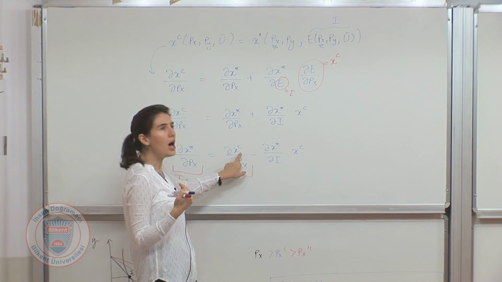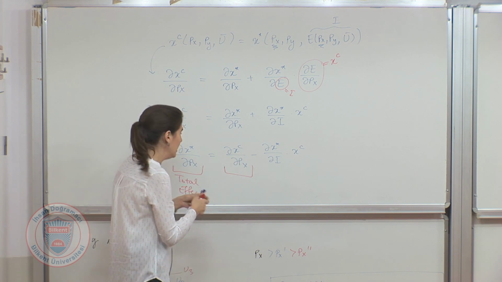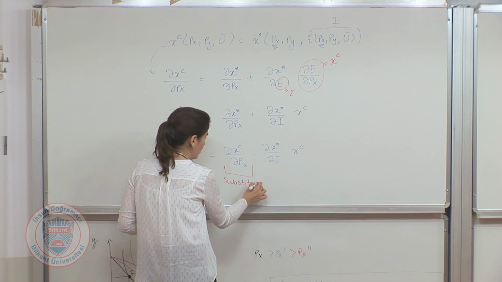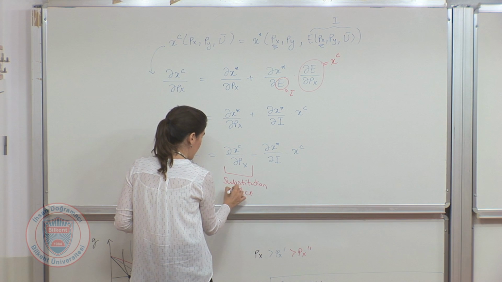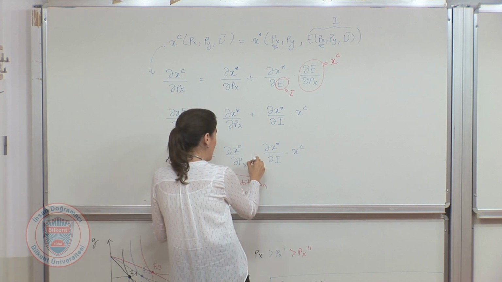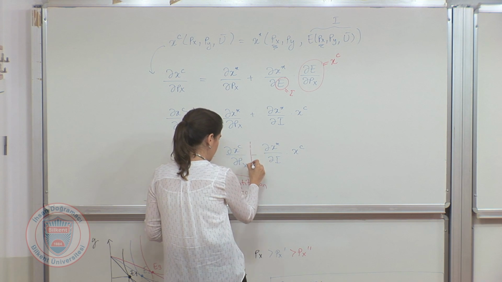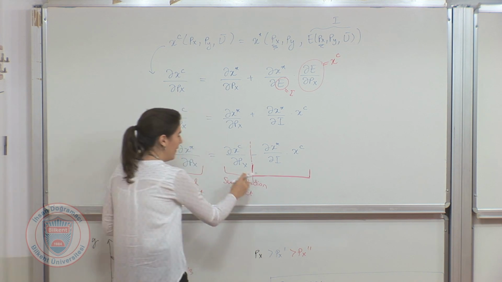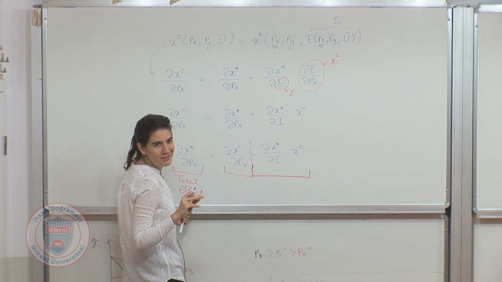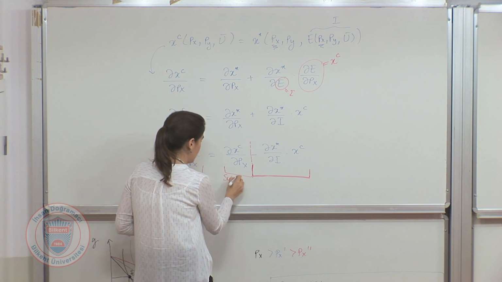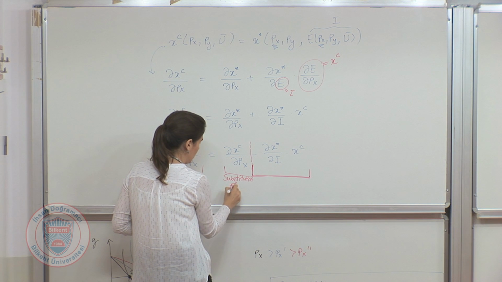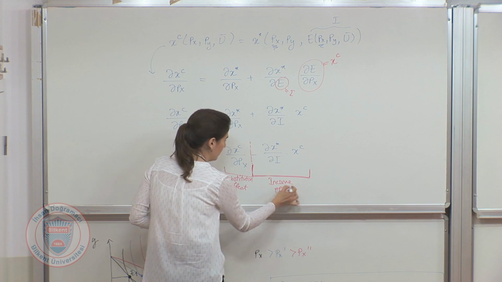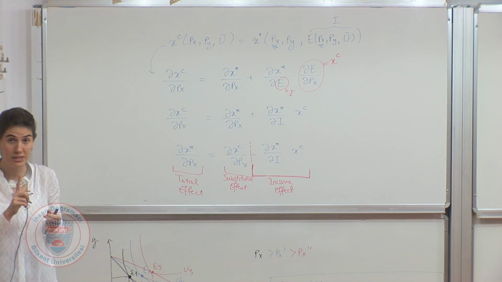And then I look at how much he's going to decrease his consumption. That's why this guy is going to give us the substitution effect, okay? And this guy, don't forget the minus sign here, because you always get confused with that. This part here is the income effect, right? So this is substitution effect, and this is going to be income effect, okay? With the minus sign, okay?